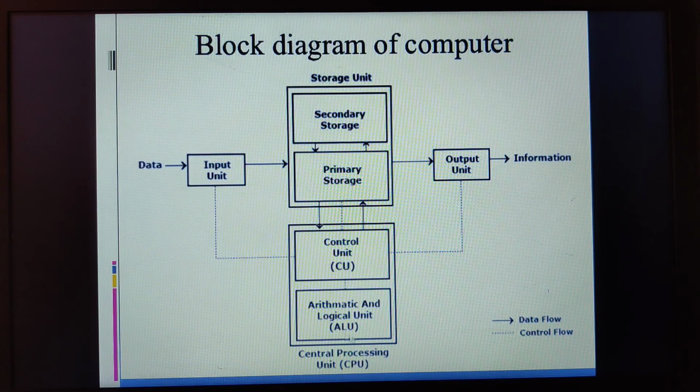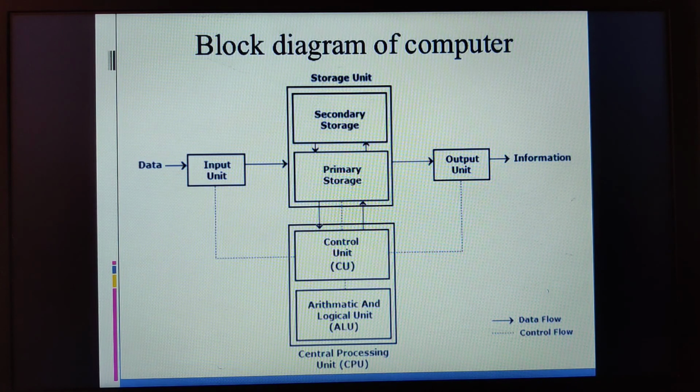It is also the responsibility of the CPU to communicate between the different units of the computer system with the help of the bus. Bus is nothing but a pathway which allows the data transfer between them. So these points you should be able to remember.